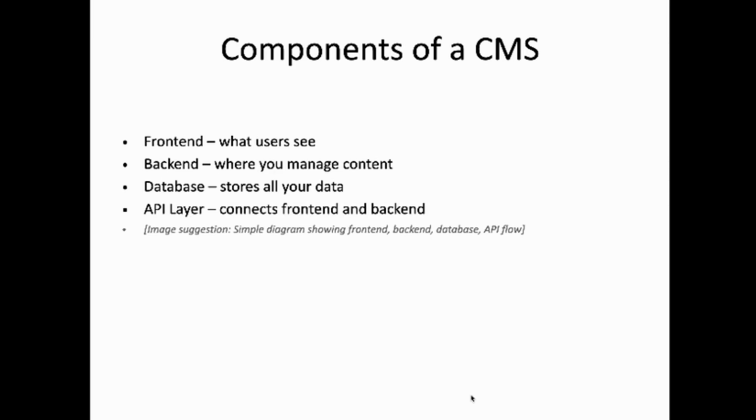The database is where you can store all your data. By using an API you can integrate from your backend, and it will transfer your data directly into your front end. It's a connection, actually.